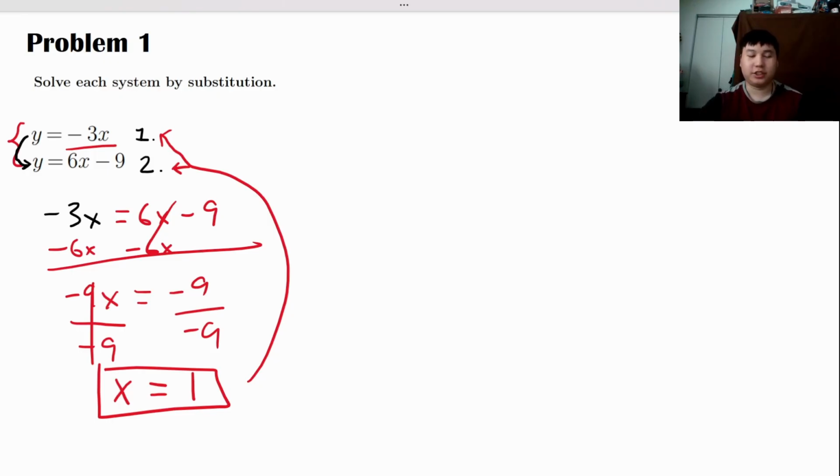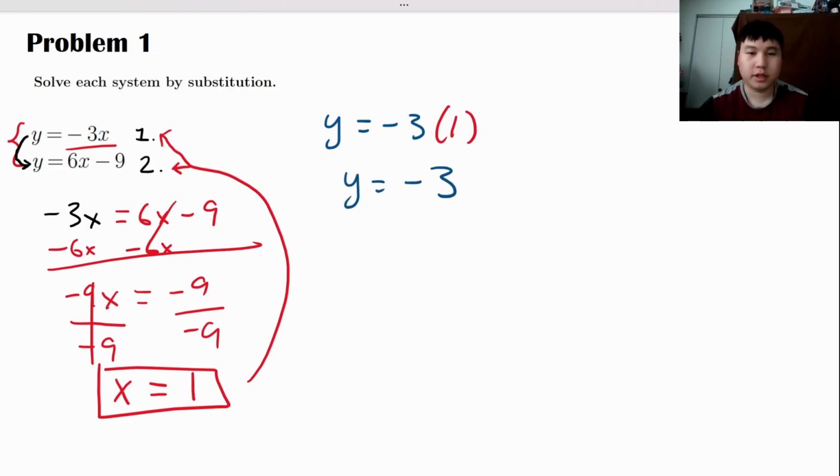Equation 2 is 6x minus 9, but I'll show you either one works. Let's just do the first one. y equals negative 3 times 1, which is negative 3. So we know what our y value is.